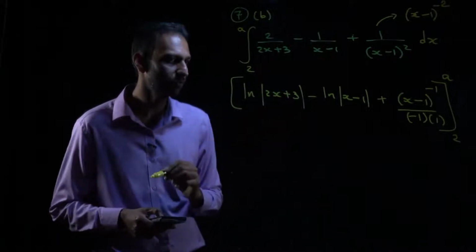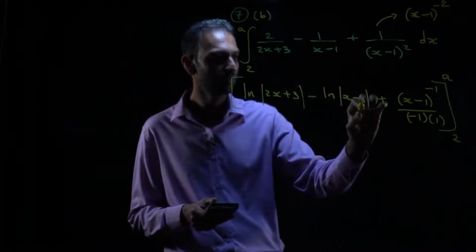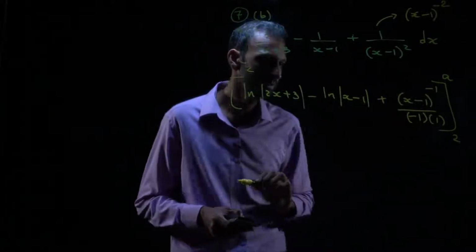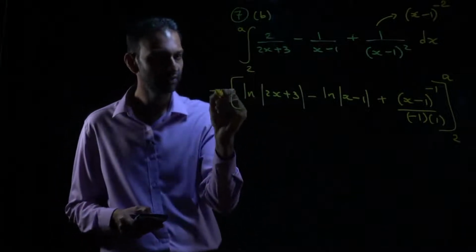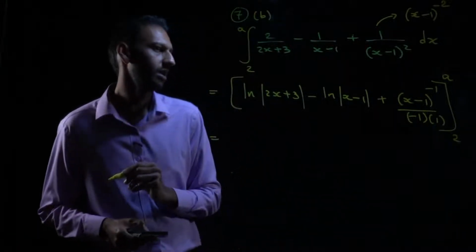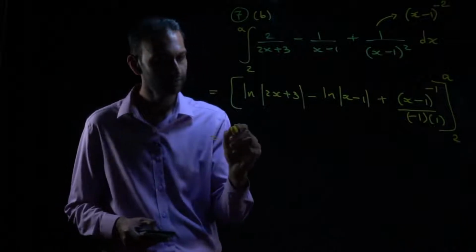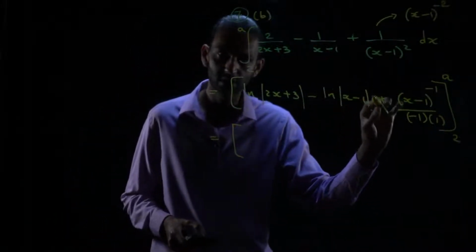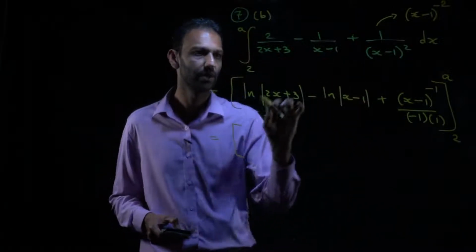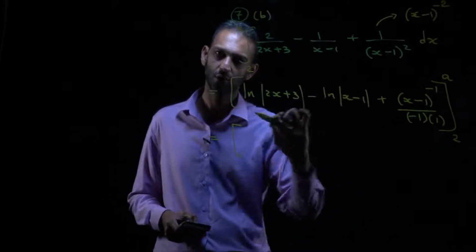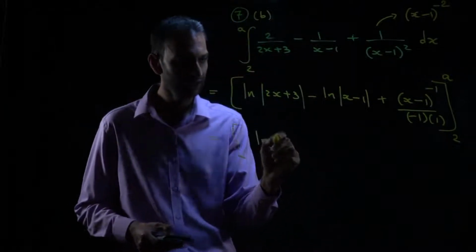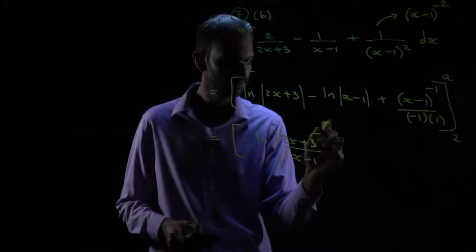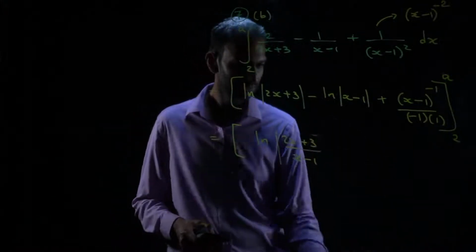So we have ln of 2x plus 3 minus ln of x minus 1 plus x minus 1 to the power of minus 1 divided by minus 1. Let us simplify this line before we continue further. Ln of 2x plus 3 minus ln of x minus 1. By the laws of logarithm, ln of a minus ln of b gives ln of 2x plus 3 divided by x minus 1, modulus.